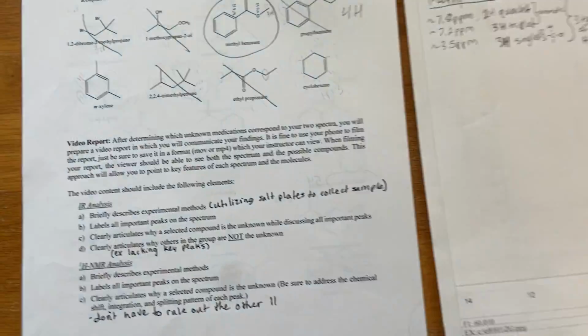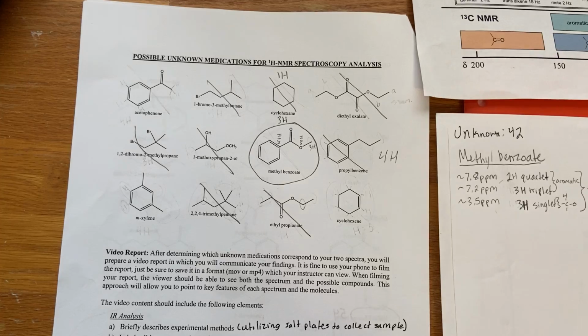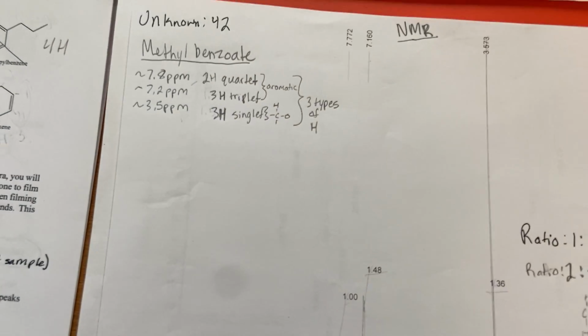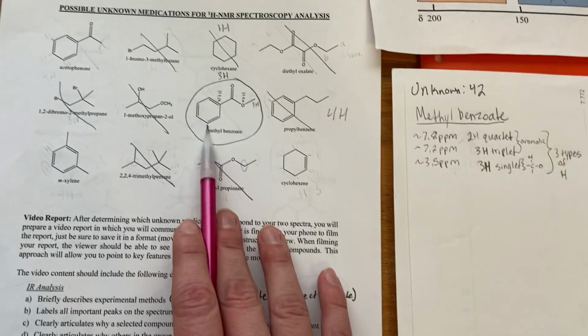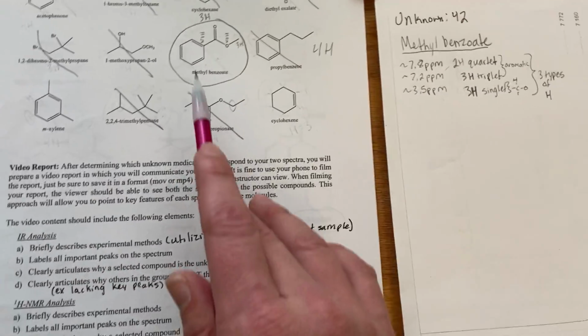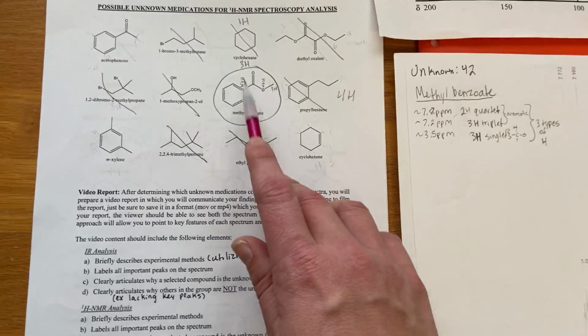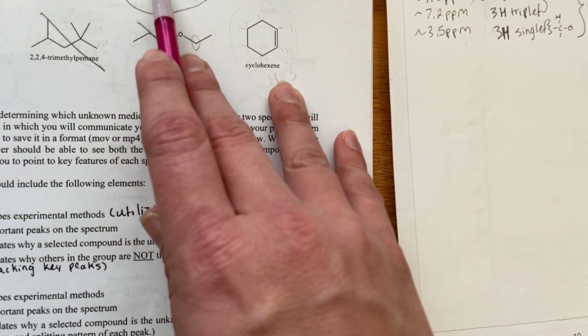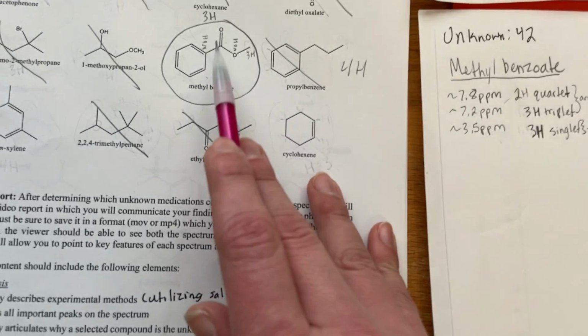And so we can also tie this down because we know that since we have 3 peaks, we have 3 types of hydrogens, and there are 3 different types of hydrogens in this molecule. We would not see a peak at around 2.1 because of this C double bonded O, because there are no hydrogens on either side of this.